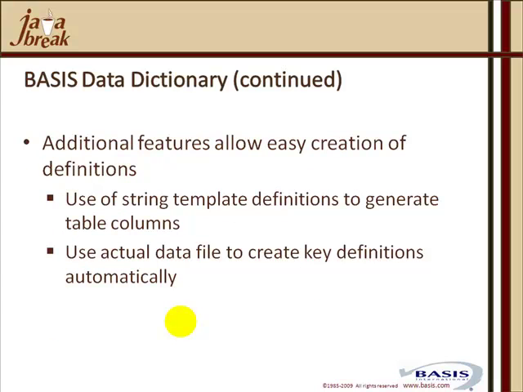For example, if I have an existing string template definition, then I can simply paste that into the data dictionary editor and have the editor generate the columns for me with their attributes. If I have existing data files with keys, then I can also use the actual data file to create key definitions automatically. Let's take a brief look.